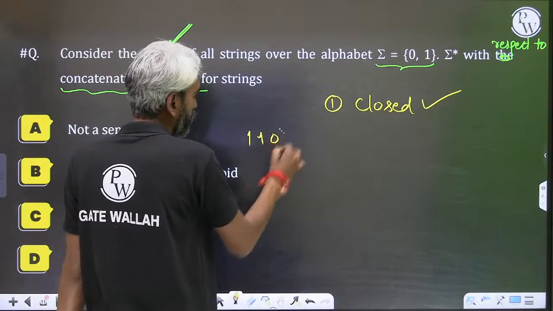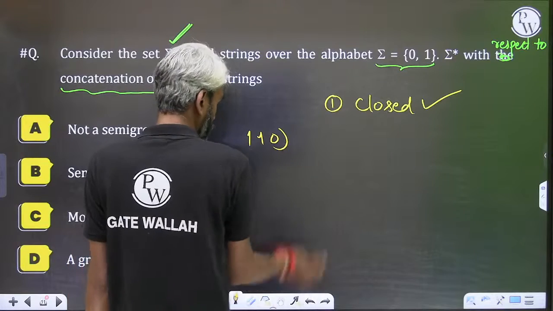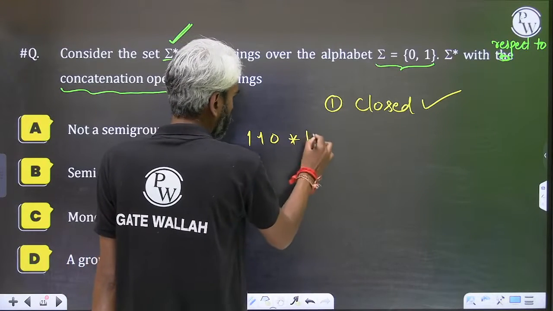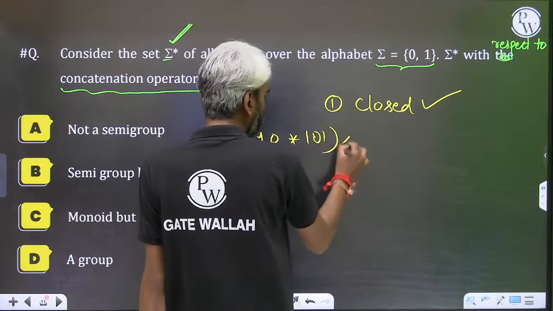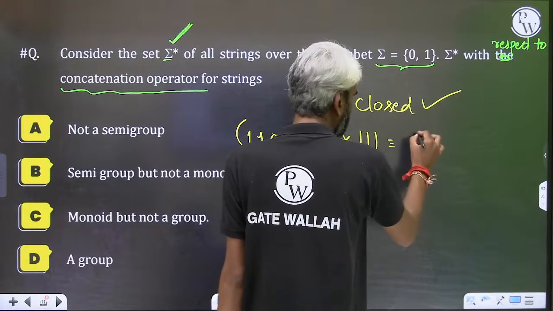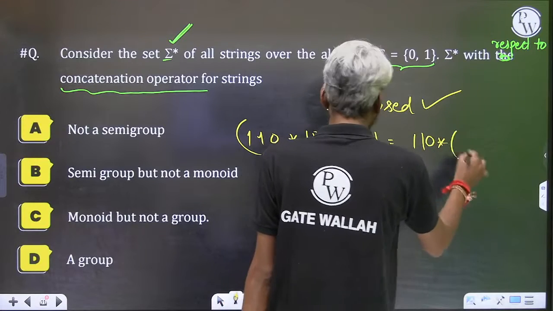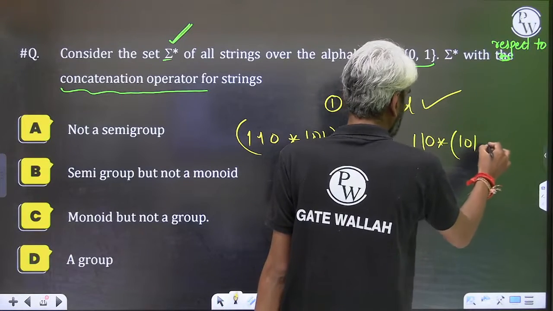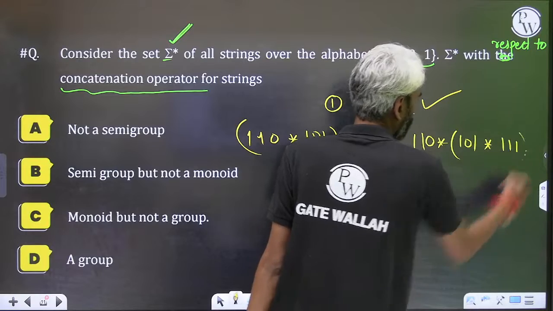Let's assume 110 concatenated with 101, and then concatenated with 111. Will it be the same as 110 concatenated with the result of 101 concatenated with 111?